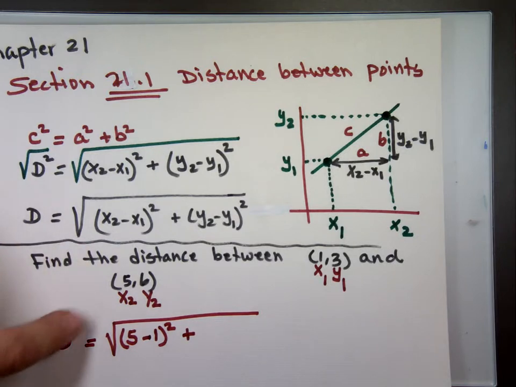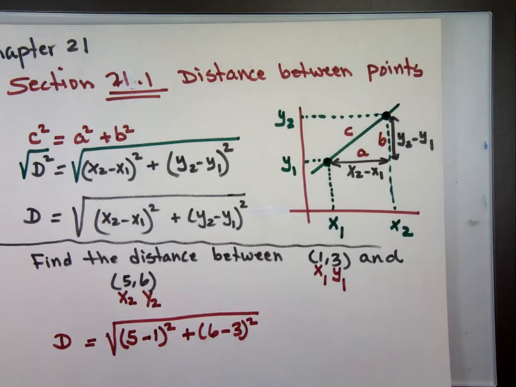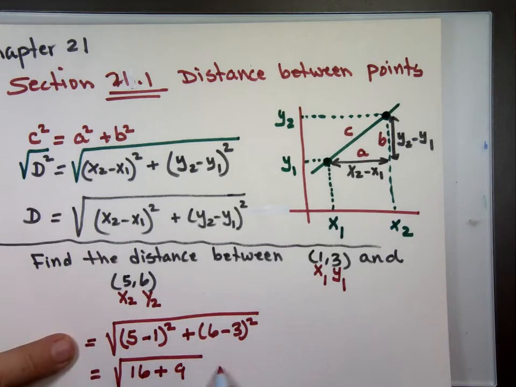Y sub 2, 6, minus y sub 1, 3. 5 minus 1, 4, square it, 16. 6 minus 3, 3, square it, 9. Wow, you guys are good. Comes out the square root of 25, which is what? 5. Now we can try this 20 times, but we'll never get a whole number for an answer.